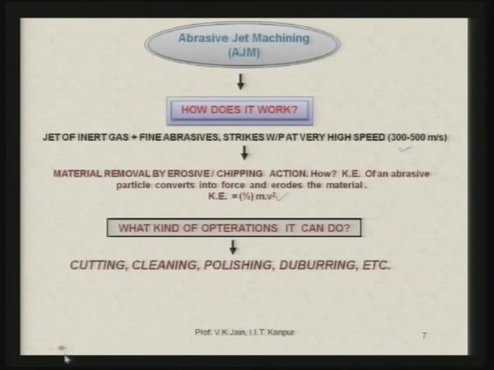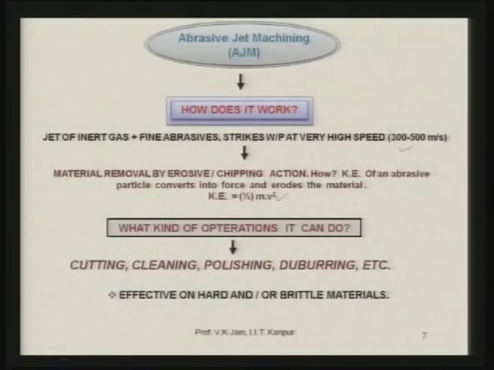So, it can do various kinds of operations like cutting a piece in two pieces, cleaning, polishing, deburring, drilling the hole, or cutting different shapes of cavity, blind cavity or through cavity in the workpiece.